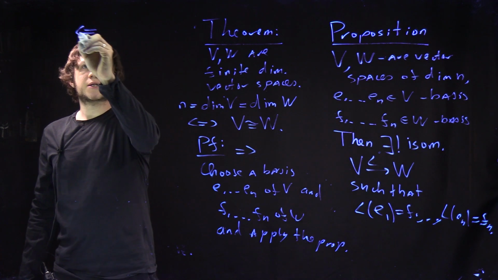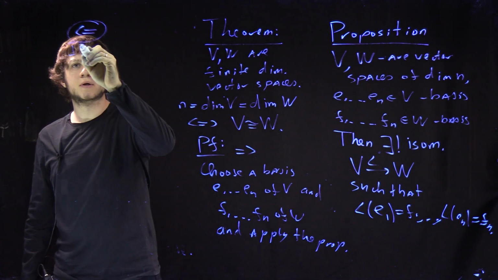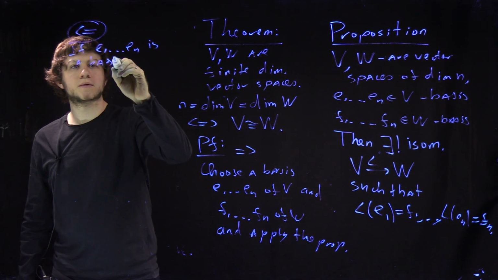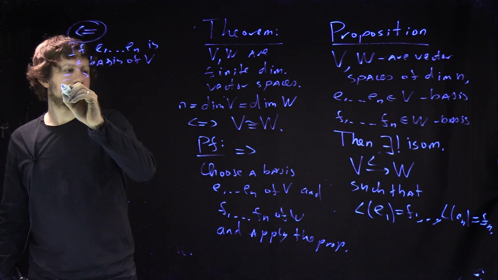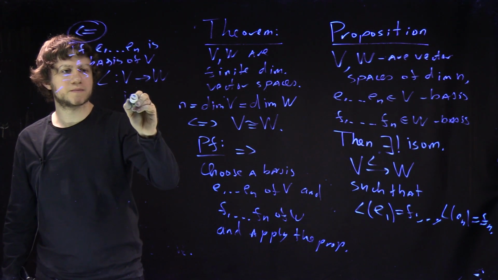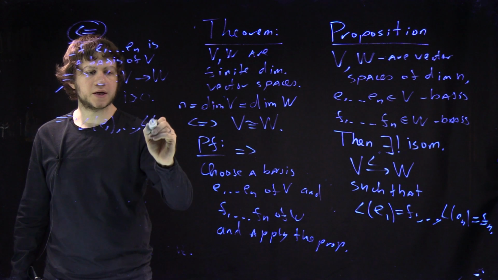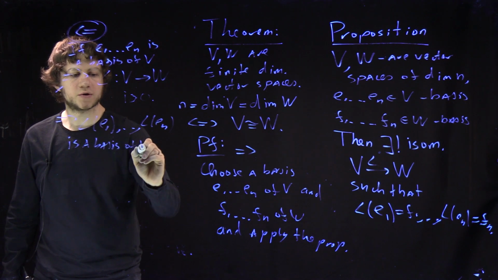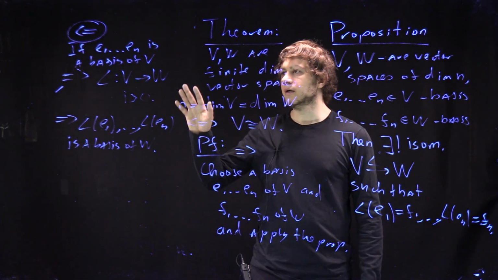And backwards, that's also very simple. If E1 up to En is a basis of V, and L from V to W is an isomorphism, then L of E1 and so on, L of En is a basis of W. And the proof is completely obvious.